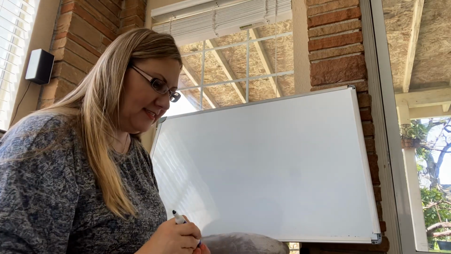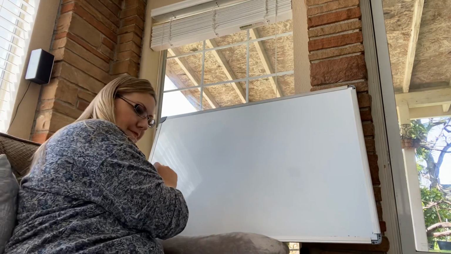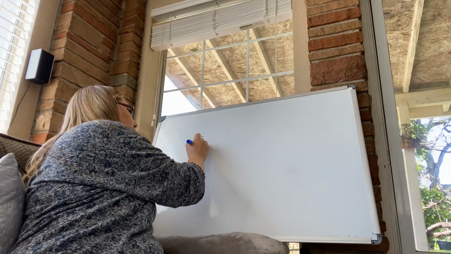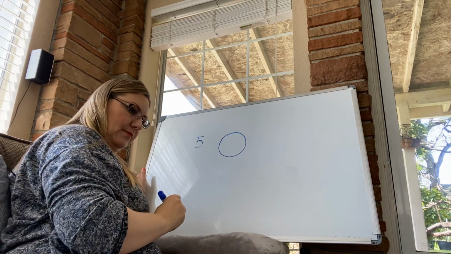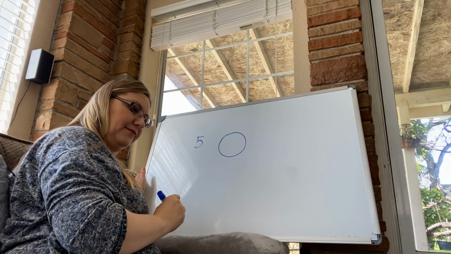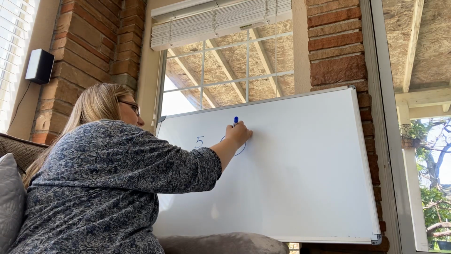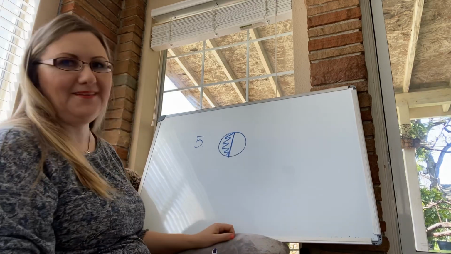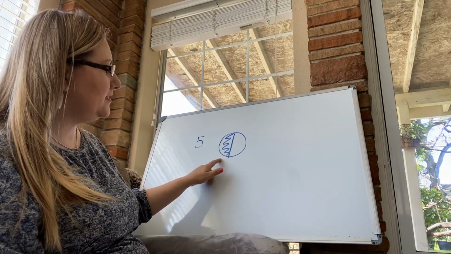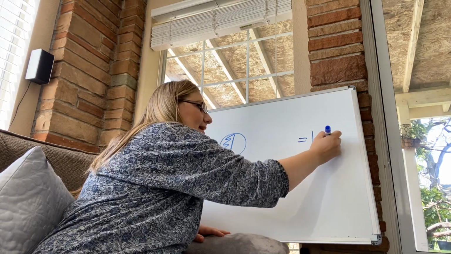Number 5 says, how many halves equal 1 1/2? Okay, how many halves equal 1 1/2? So let's see, here is a half of something. Okay, how many of these will it take to get 1 1/2?